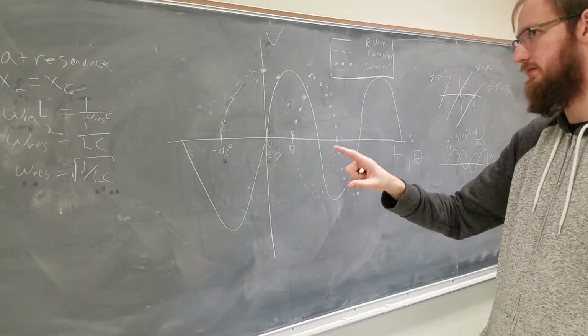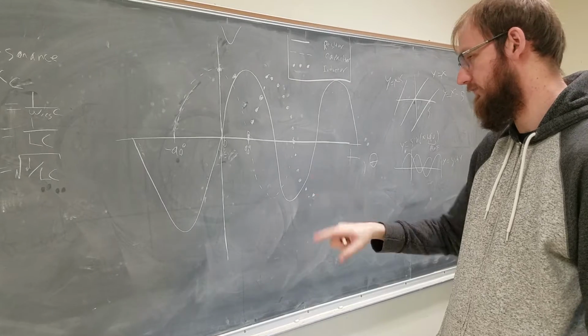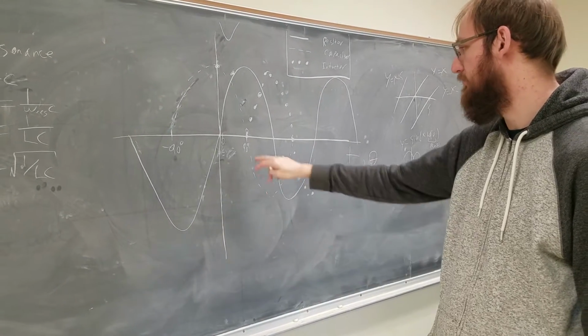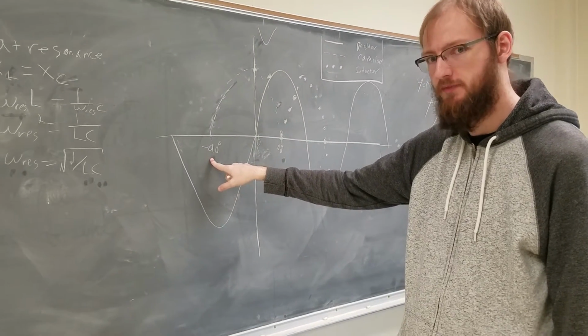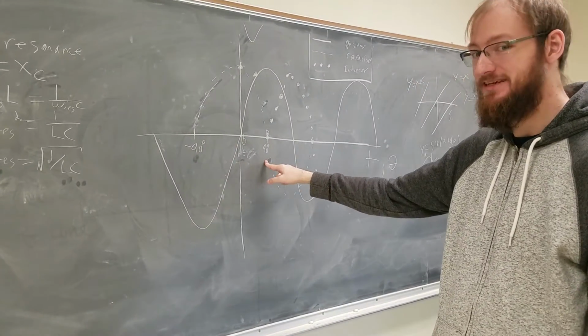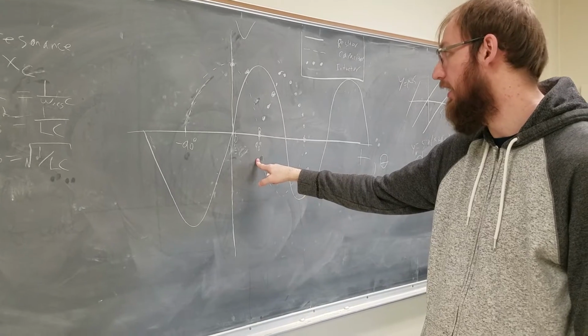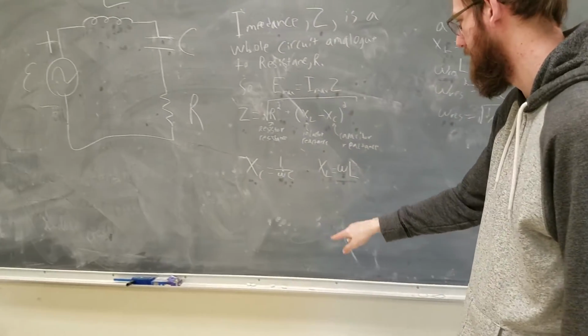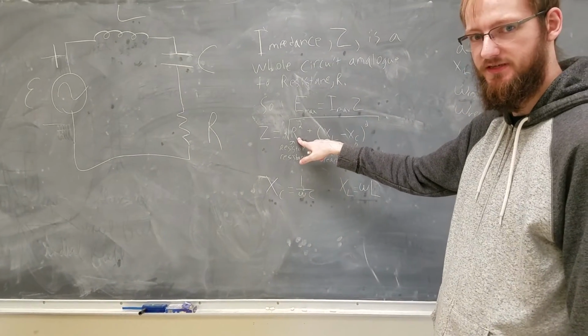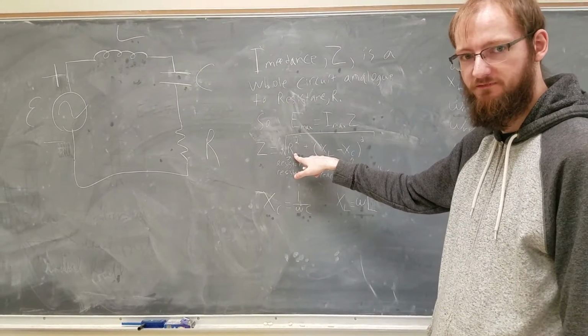The voltage across the inductor is at plus 90 degrees. So we say the capacitor lags the circuit by 90 degrees, and the inductor leads the circuit by 90 degrees. And what's important is, if we go back to our reactance equations, resistance doesn't change with the frequency. So this is a fixed value.